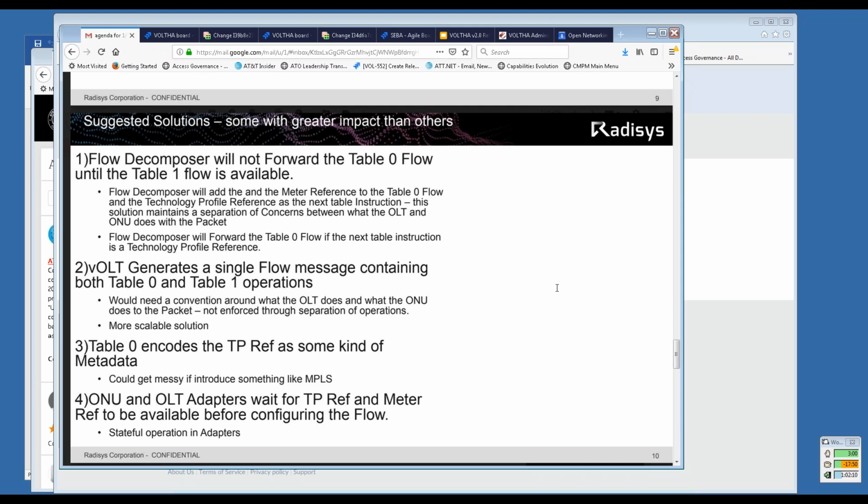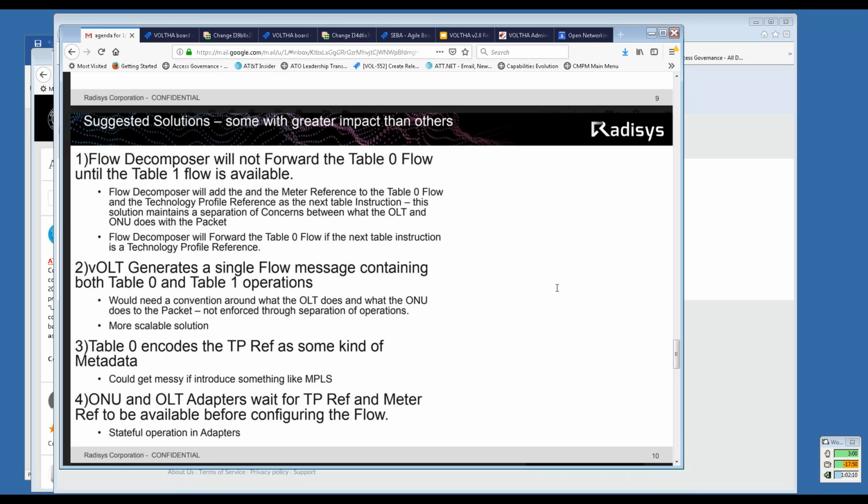Another option is the OLT generates a single flow message containing both table 0 and table 1 operations, right? So we need to figure out how this would work. Obviously there'd have to be quite a few changes to the ONOS apps, the flow decomposer, the adapter and the ONU.